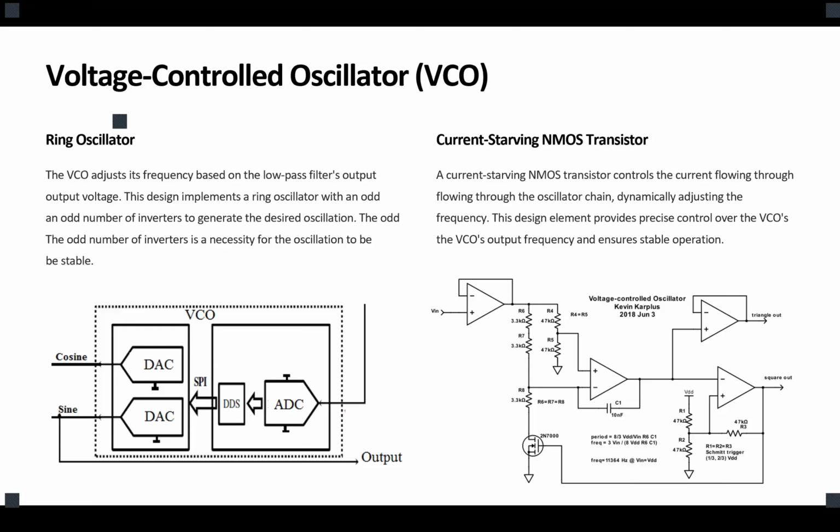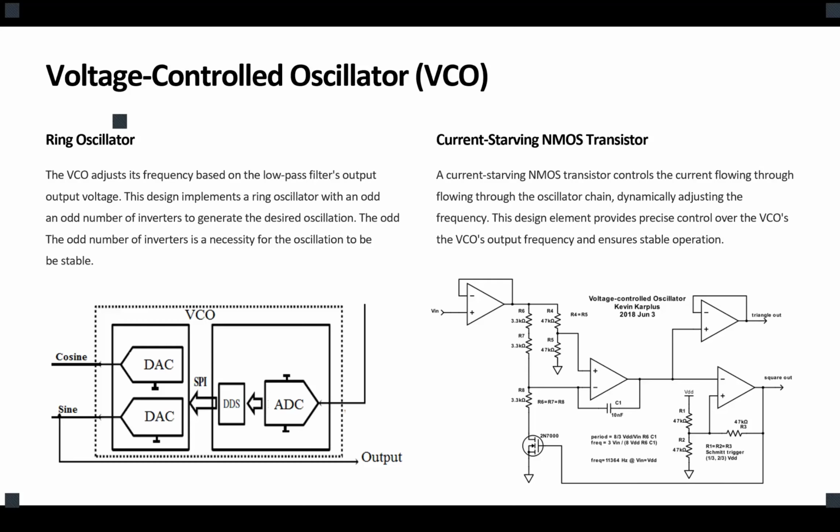What this ring oscillator does is get the value of the current you get out of your charge pump, filtered with your filter, into your current starving NMOS transistor.